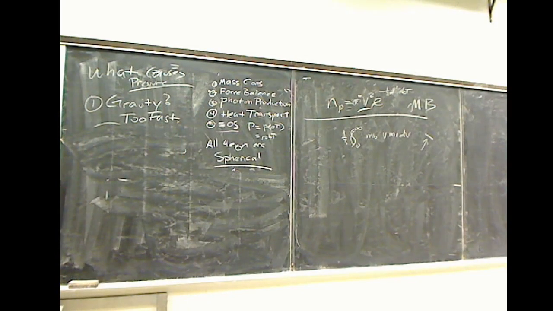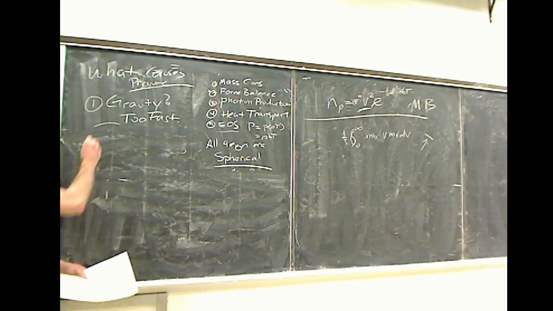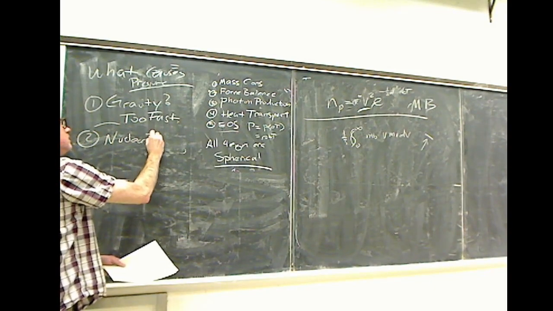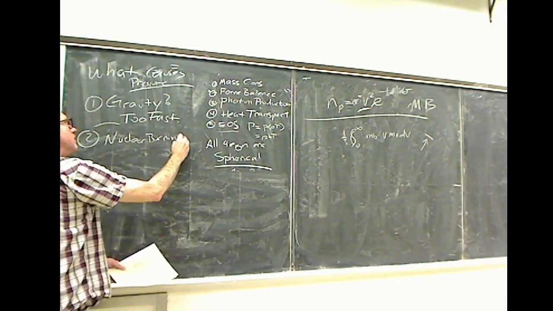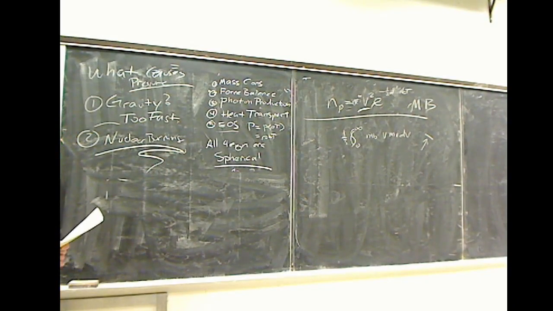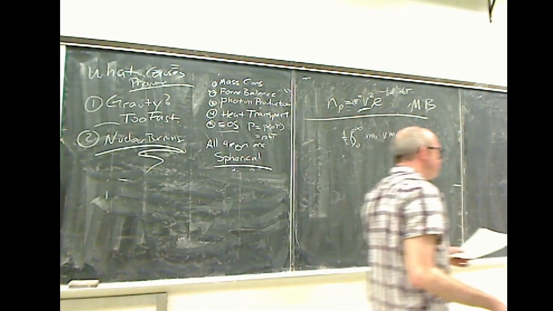This is the first thing the book does in this section, he goes through the Helmholtz contraction time scale. And he shows that it's like 1 million years. That's not very long, because we know that the sun is more than 1 million years old. So what we need to do is invoke nuclear burning. And nuclear burning, I'm just going to write the equation down.